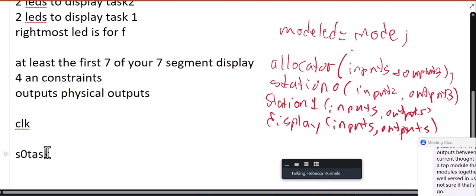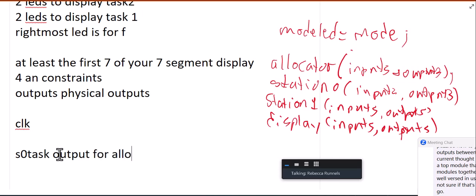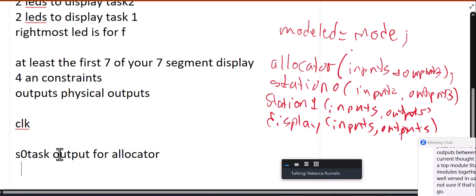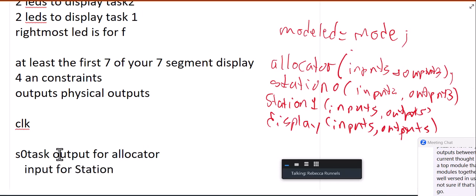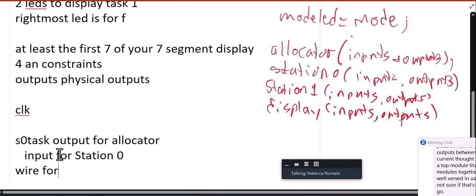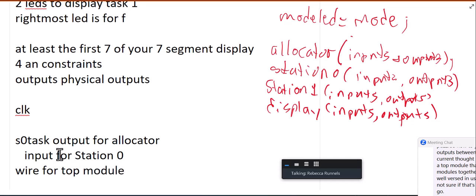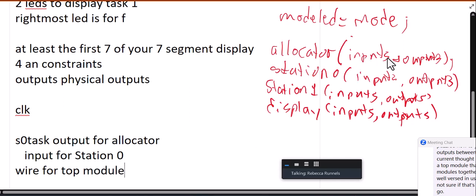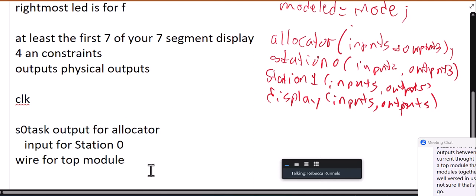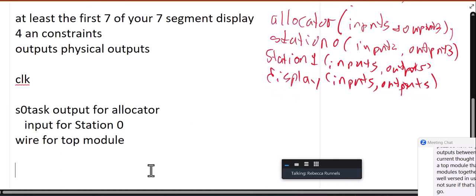For me, this was an output for the allocator, it was an input for station 0, and it's a wire for the top module. Now, it does not have to have the same name in all of them. What's important is its position in this parameter list, but I'm kind of lazy and I just use the same name. And so what I would do in my top module is I would have a wire, well, I'll show you.